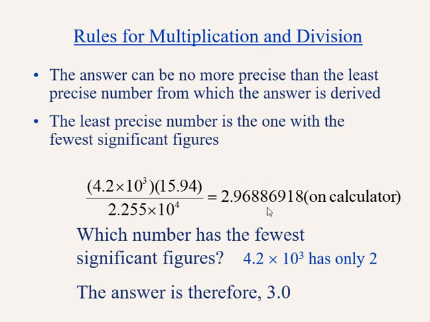And since this particular number is a product of many operations performed on measured numbers, this number also has significant figures associated with it. But if we then count, we have 1, 2, 3, 4, 5, 6, 7, 8, 9 significant figures. Now that is not possible.